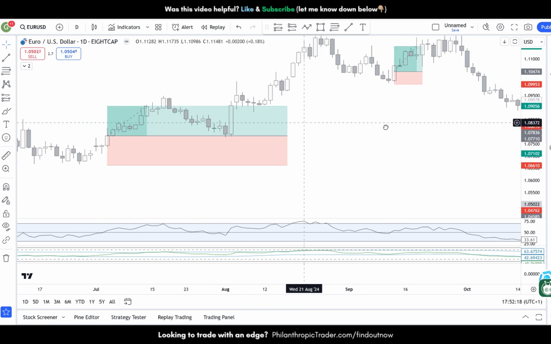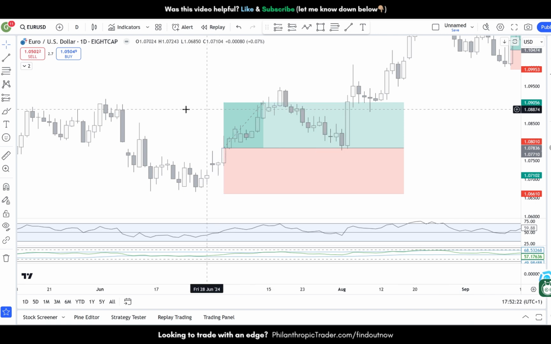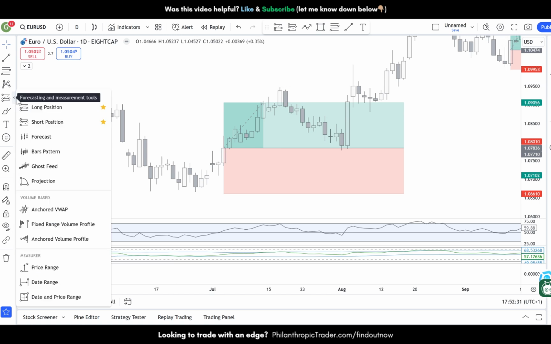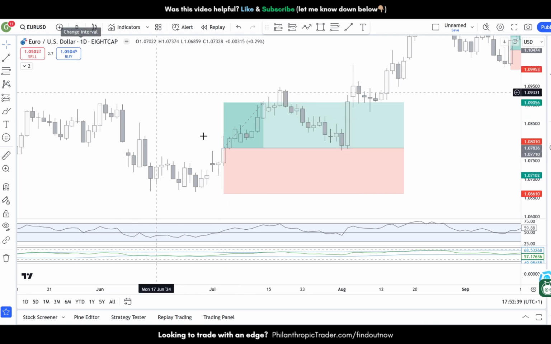Zoom in a little bit. This way you can easily show your risk reward ratio by using the tools of TradingView. You just go to the left side, and here you have long position and short position, and in this case I picked the long position. And let's say you enter here, we're looking at the daily time frame right now.